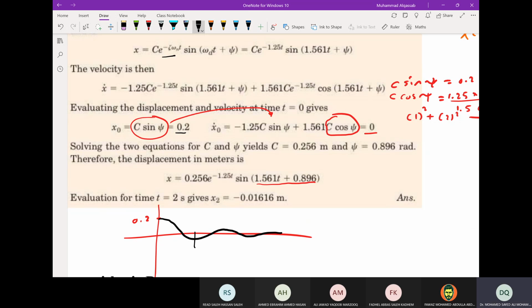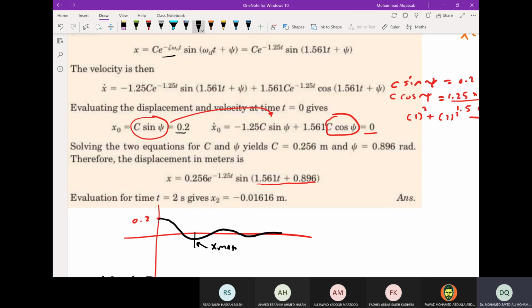So x maximum occurs when the velocity is 0.